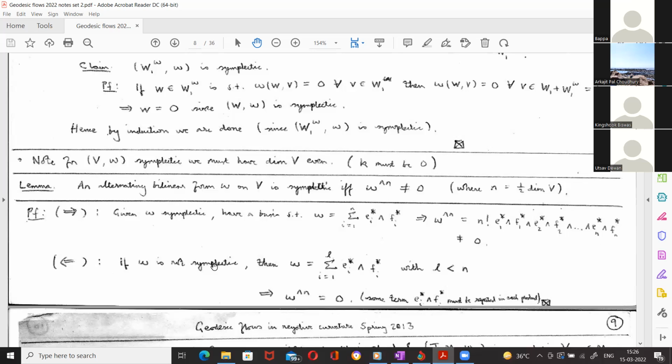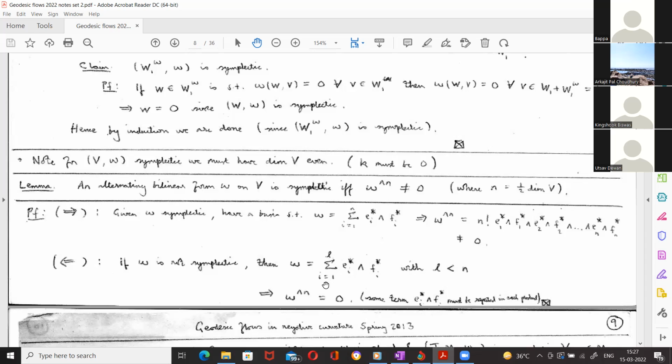Then by the previous lemma, we have a basis where u1 to uk is a basis of the kernel of omega, and then I have some e1 to el and f1 to fl, where l is strictly less than n. So omega I can write as the summation i goes from 1 to l of ei star wedge fi star, where l is strictly less than n.